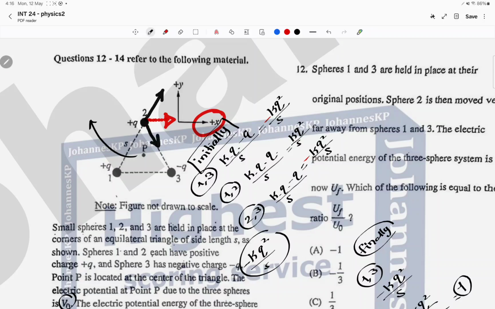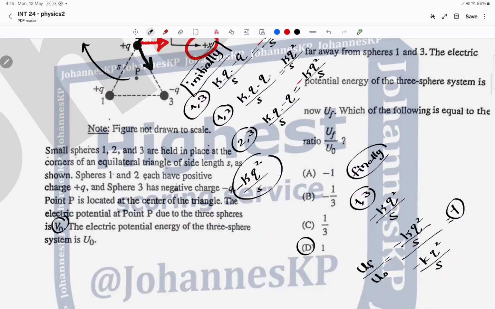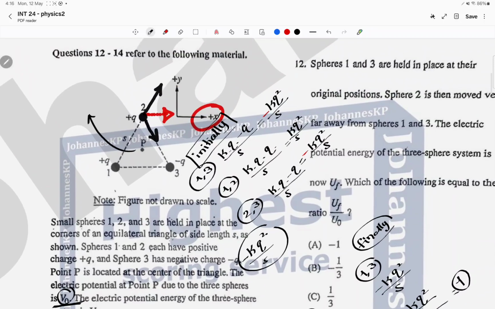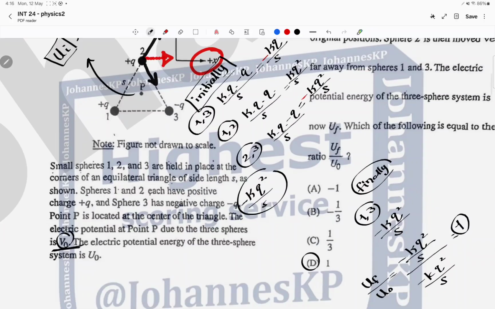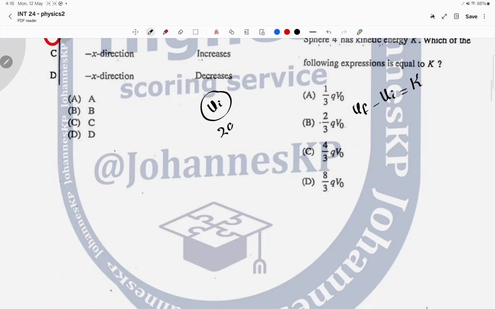Here we were told that the voltage of the system was VO in the beginning. So in the beginning, the charge of 2Q times VO gives me the U initially. So the U initially is equal to 2Q VO.